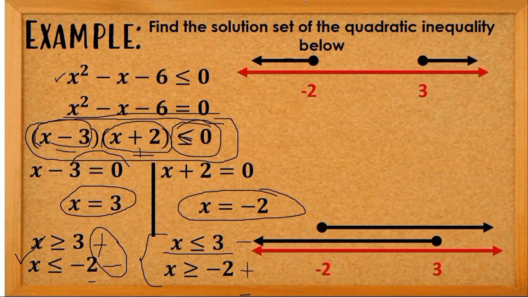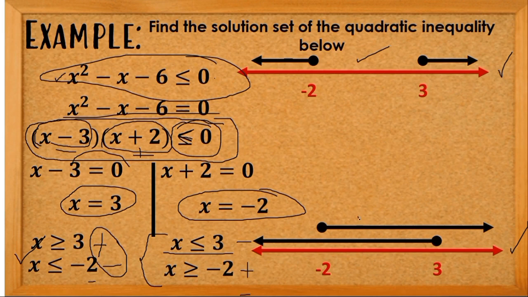Now, which of these two illustrations gives the solution set for x squared minus x minus 6 less than or equal to 0? You will know the illustration with the solution set based on the solution that has an overlapping line. Do we have an overlapping line here? None. In this case, we have an overlapping line in this illustration, it overlaps on this part.